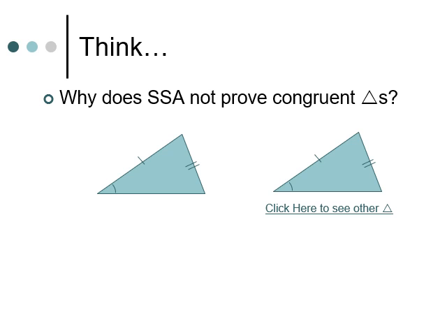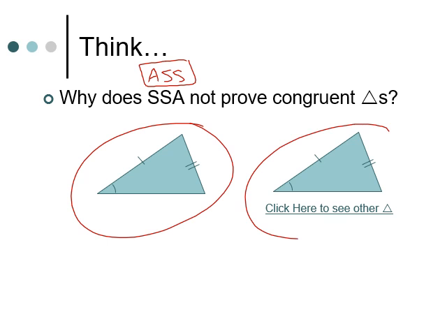So we talked about how side-side-angle, or its evil twin, angle-side-side, is never a reason to prove triangles congruent. The reason is, if we look at our two triangles right here and ask whether they are congruent, this angle, this side and this side are all limited to be congruent.